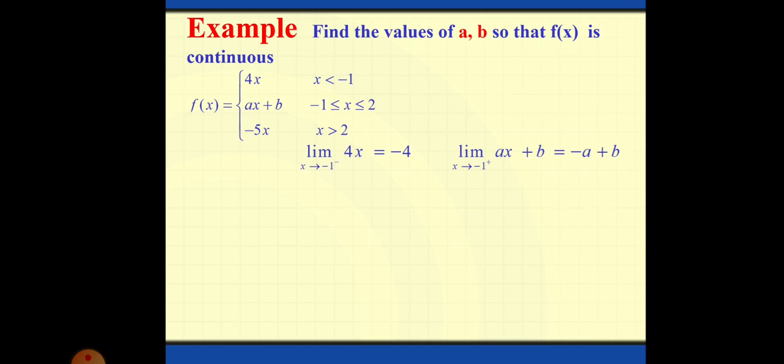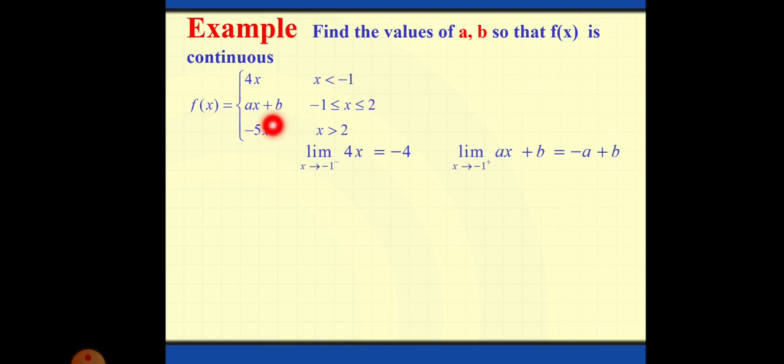So the right limit and the left limit are equal. It means the limit of 4x when x approaches -1 from the negative side, if you substitute x equals -1, the final answer is -4.